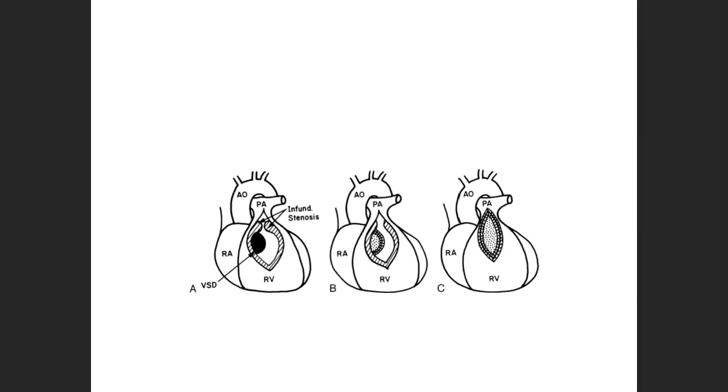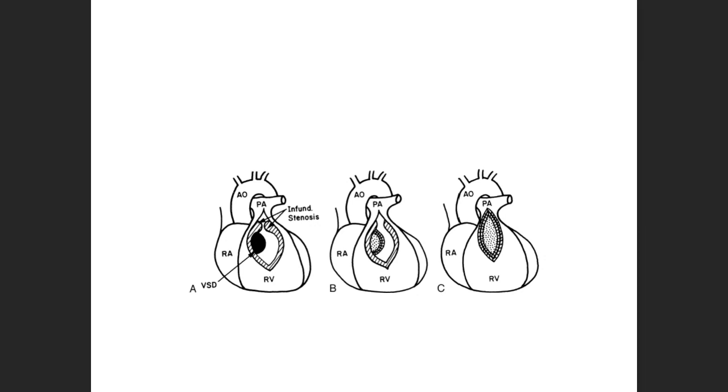And we see that there is infundibular stenosis, or that muscle hypertrophy below the pulmonary valve. And we notice that black area looking through the incision, which in fact is a ventricular septal defect.